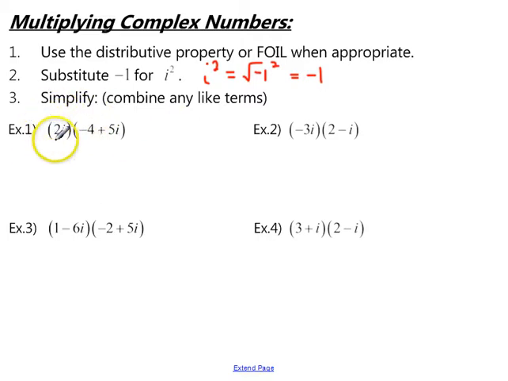This is a case where we would use the distributive property because we just have one term multiplied by a set of 2 terms. So we'll multiply this, giving us -8i, and then multiply this, which gives us +10i times i, which would be i squared. So we need to take every i squared and substitute a -1. So here we have -8i, and then here we would replace that with -1.